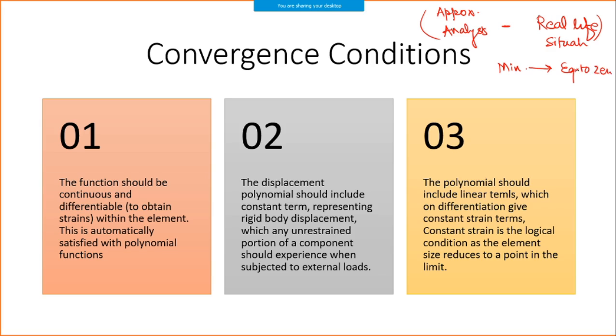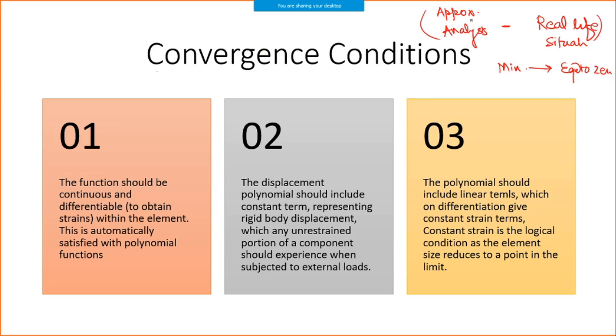Then I can say the analysis I have done perfectly matches real life. To reduce this error, there are certain conditions we follow when doing an analysis, and those conditions are called the convergence conditions.